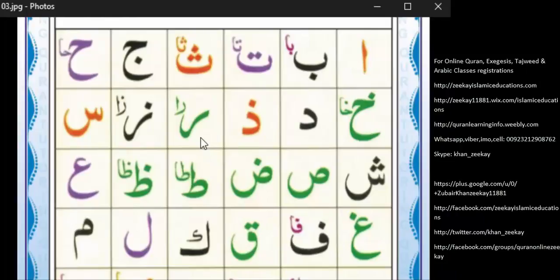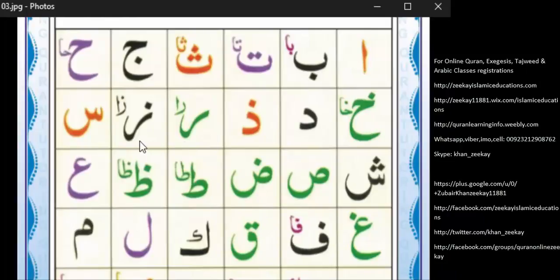It means that a much bigger part of our tongue will touch the upper palate, the joining part of the upper central four teeth. Ra. The tongue will touch the upper palate, the point which is joining to the upper central four teeth.